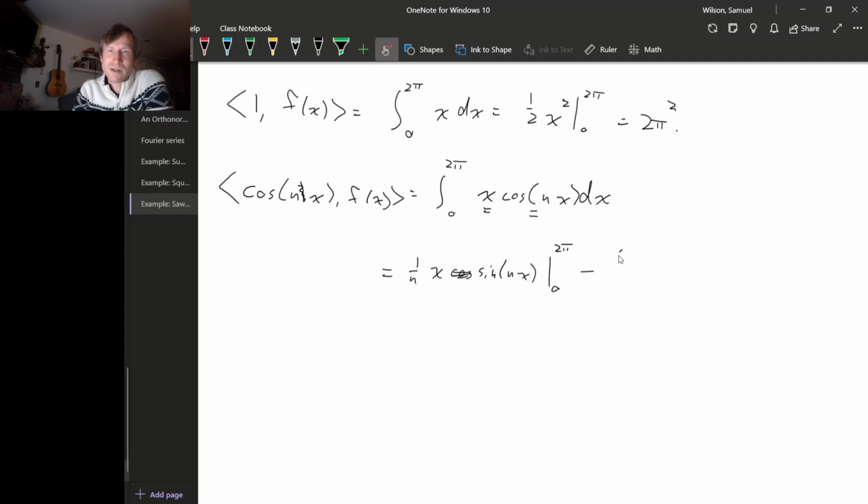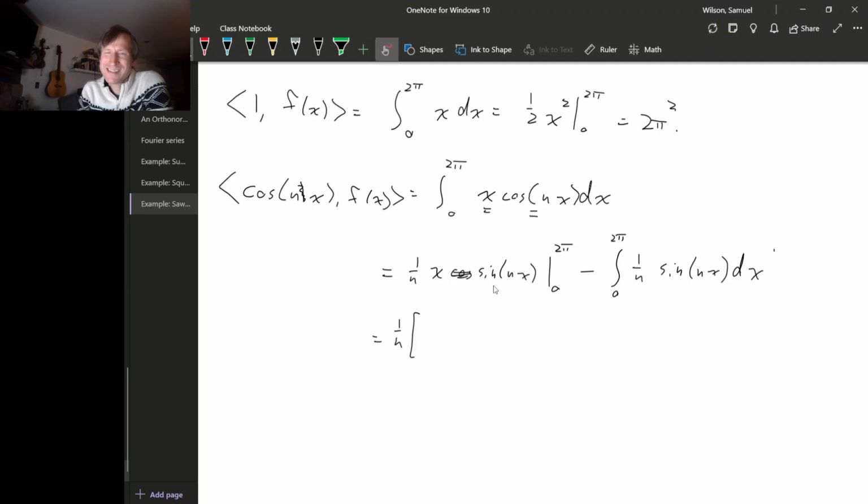minus the integral from 0 to 2 pi of 1 over n sine nx. So let's see, from this first piece we get 1 over n times, so plug in our 2 pi.